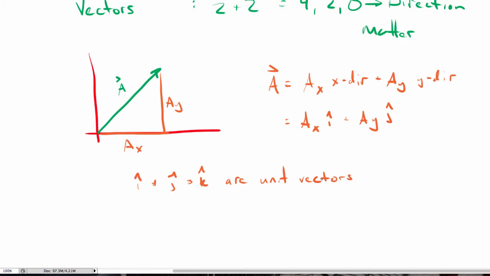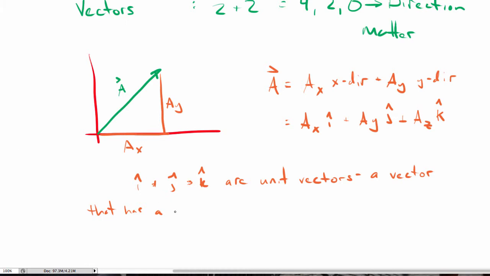Okay, and what is a unit vector? Well, a unit vector is a vector that has a dimension of 1, a magnitude of 1, which is important because each of our unit vectors then doesn't actually change the magnitude of the vector itself.